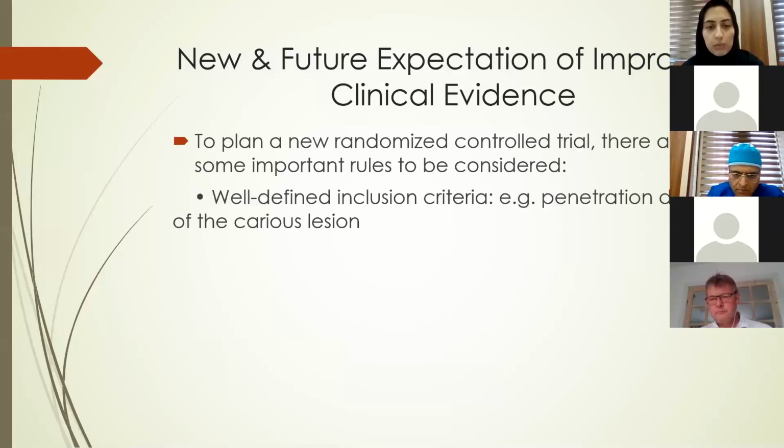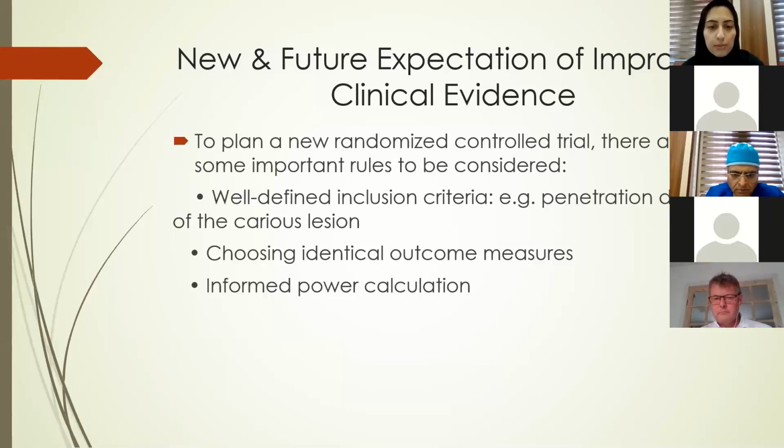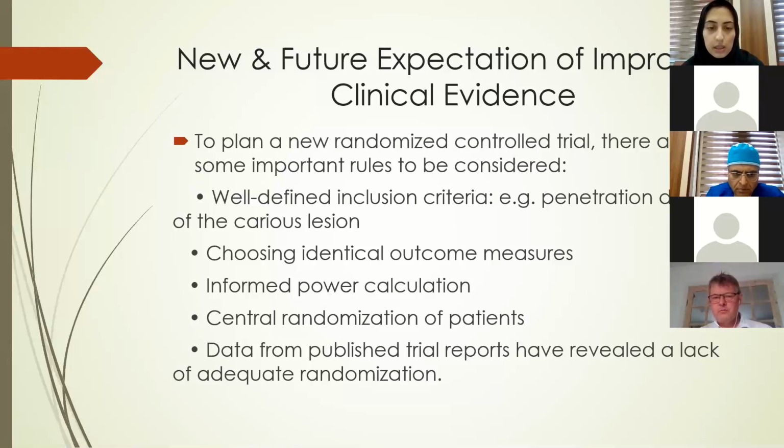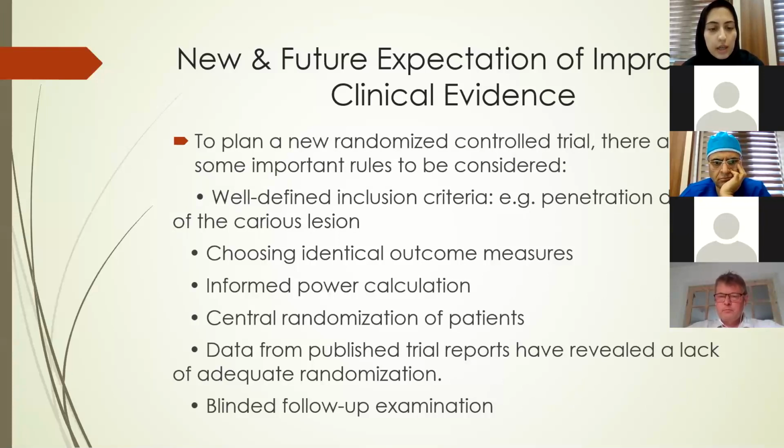The first one, we should have well-defined inclusion criteria, for example, penetration depth of the carious lesion, choosing identical outcome measures, informed power calculation, central randomization of patients, and data. It is noted that data from published trials reports revealed they don't have adequate randomization for patient selection. And blinded follow-up examination is another issue that should be considered in future studies.